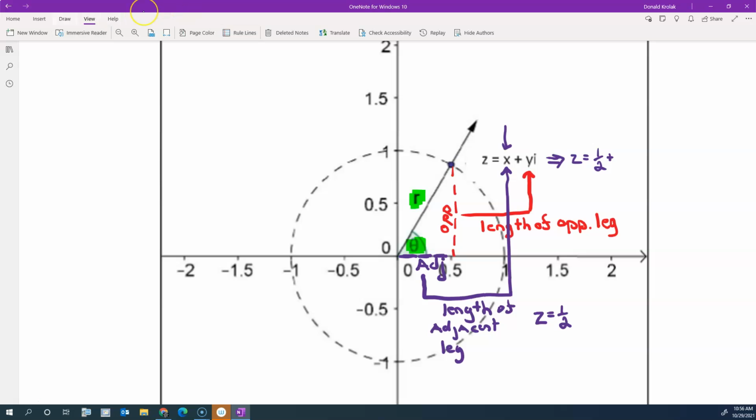So that length right there, guys, is equal to 1/2. And I'm getting that because I'm just looking right here. 0.5, that's 1/2.